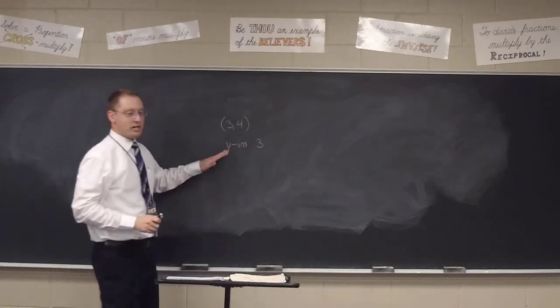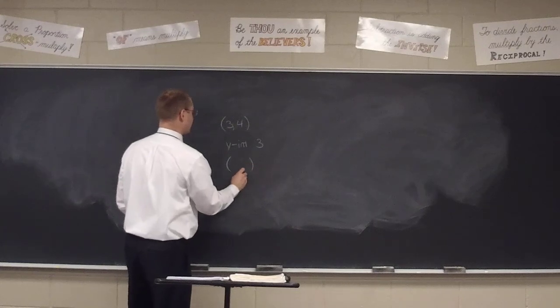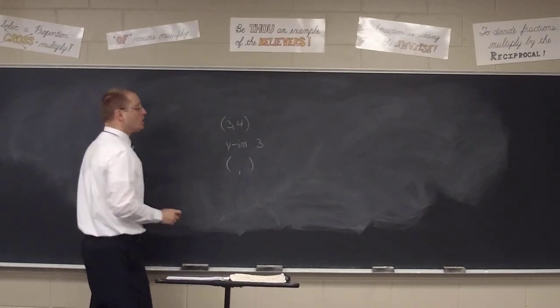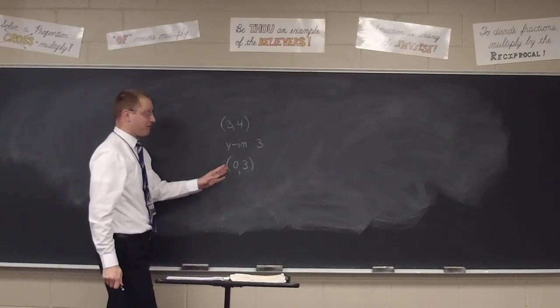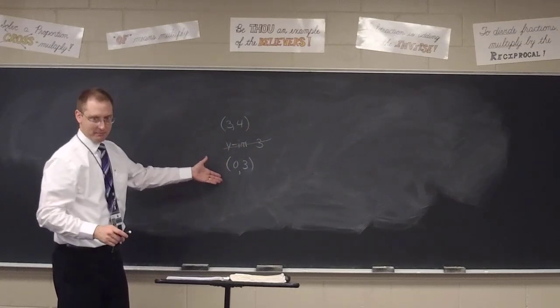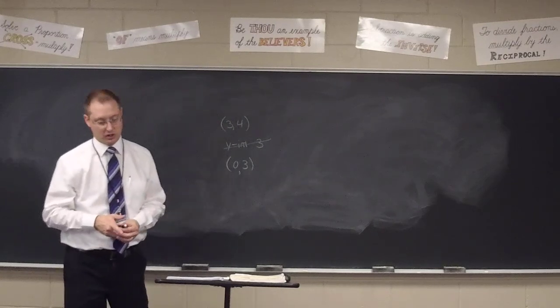Now, a y-intercept is a point, correct? If that's a point, I should be able to write it as a point. How would I write a y-intercept of 3? 0, 3. Because remember, y-intercept always has an x value of 0. That's how we find x-intercepts, plug 0 in for x. So really, we just translate it to that. So what do we have to do first? Find the slope, then use the slope formula at your seats. Go.